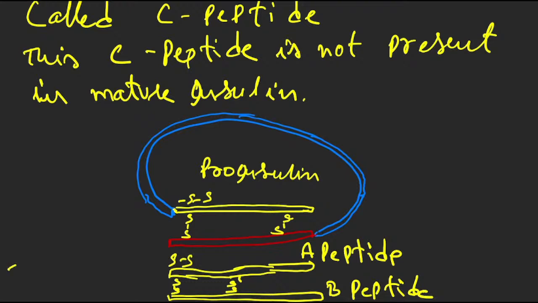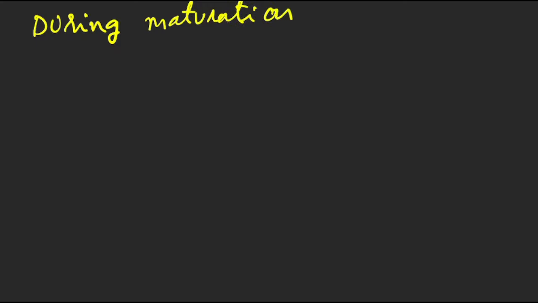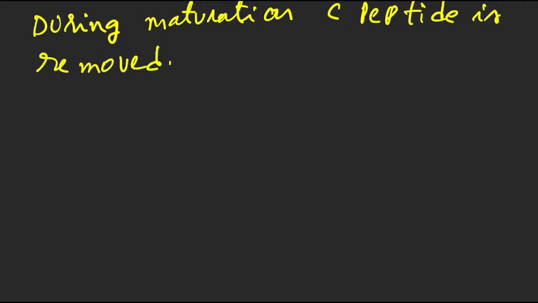So removal of the C peptide occurs during maturation. During maturation, C peptide is removed. Only A peptide and B peptide chains are present. So that's all about the brief structure of insulin.